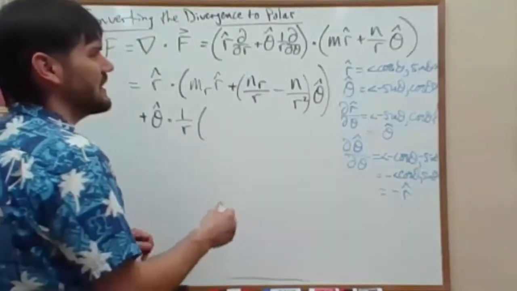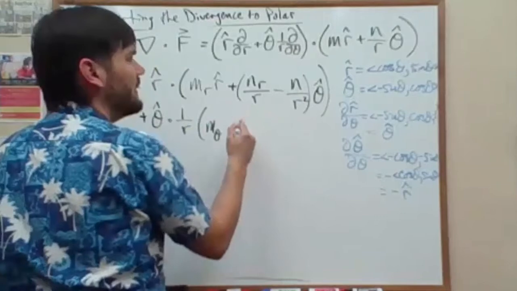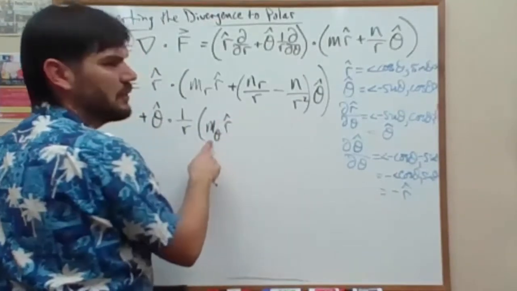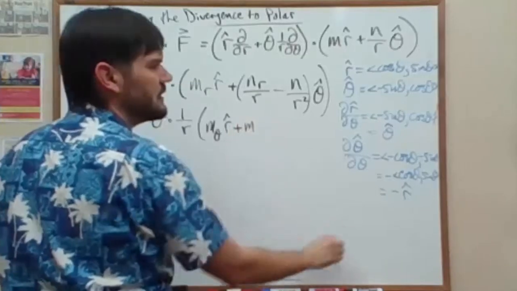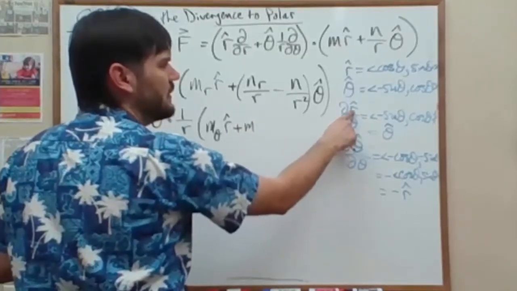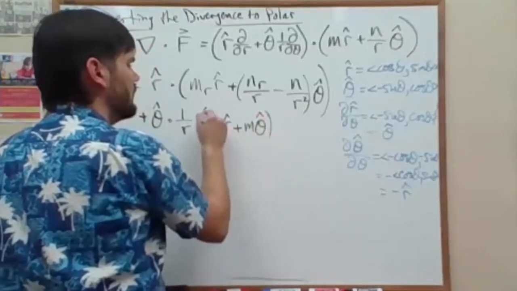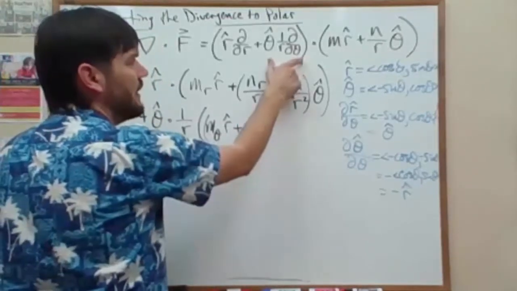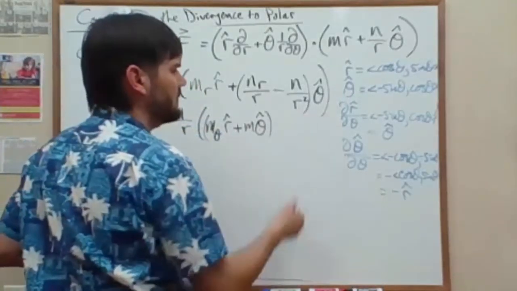And so that leaves us with a product rule here. M sub theta r hat, where we take the derivative of m first, plus m times the derivative of r hat, theta hat. And then we take the theta derivative of n over r times theta hat.